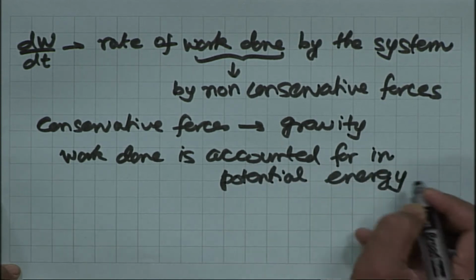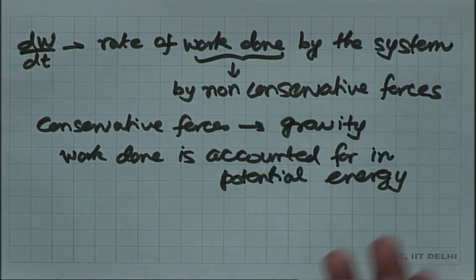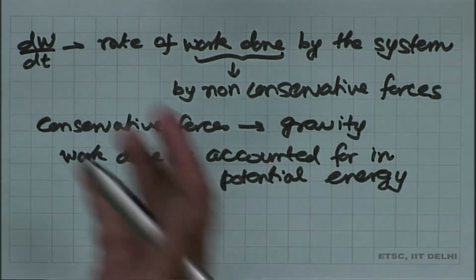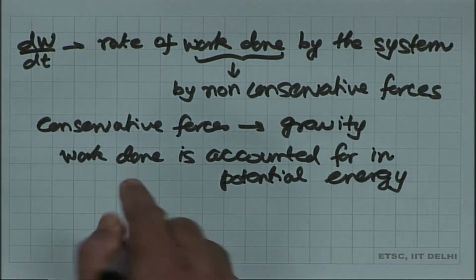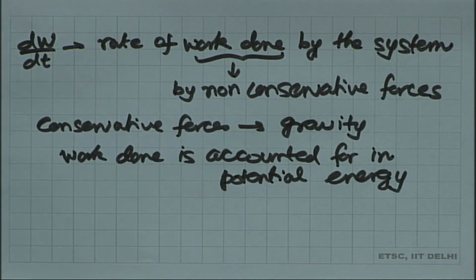So, the rate of work done by conservative forces will come in the potential energy term, and clearly one thing you should remember: do not count gravity in this because we have taken it as g z.